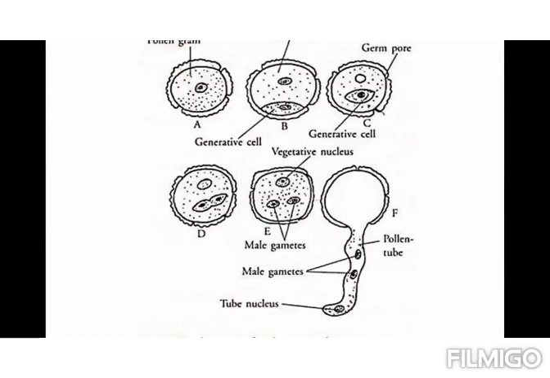Yes, this diagram A is nothing but the structure of the microspore, which is also called the pollen grain. Here each pollen grain is unicellular, uninucleate, spherical or oval haploid structure.